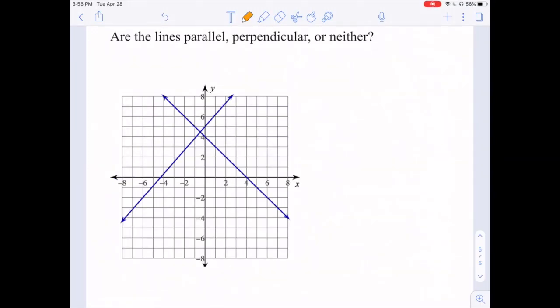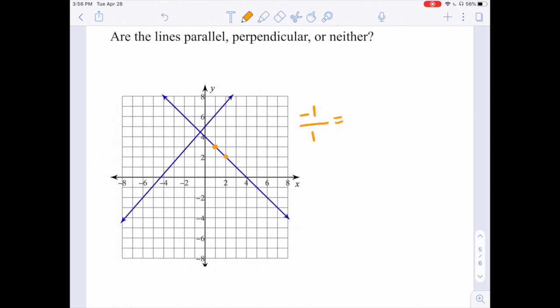Okay, I'm going to determine if these lines are parallel, perpendicular, or neither. So first, I need to select 2 points on the line where they cross exactly at a point. So right here, and I'm going to go to my next closest. So from this point to the next point, my rise, well, it's going to go down 1 over 1.